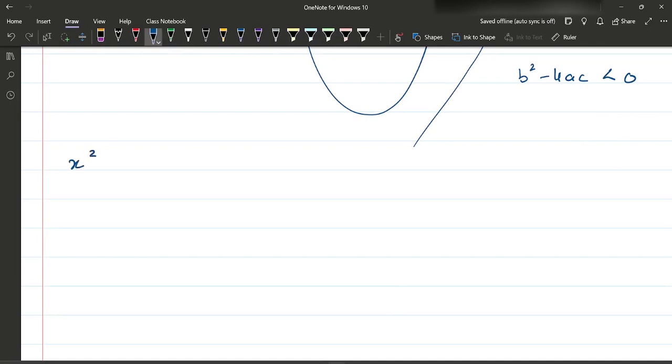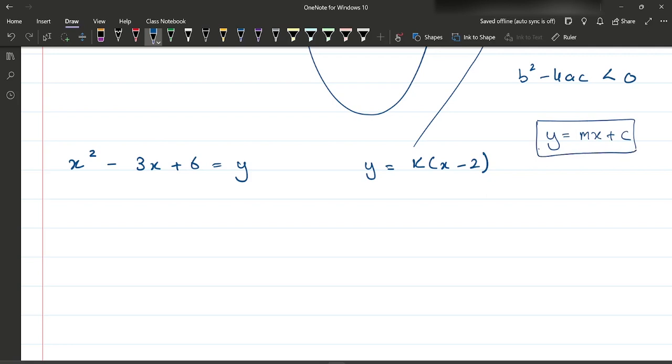So we have a quadratic equation, x squared minus 3x plus 6, which is equal to y, okay? And then we have a line, y equals k(x minus 2). We haven't gotten to the line equation just yet, but I can tell you y equals mx plus c is going to be important here. So if you don't know it, just stay along.